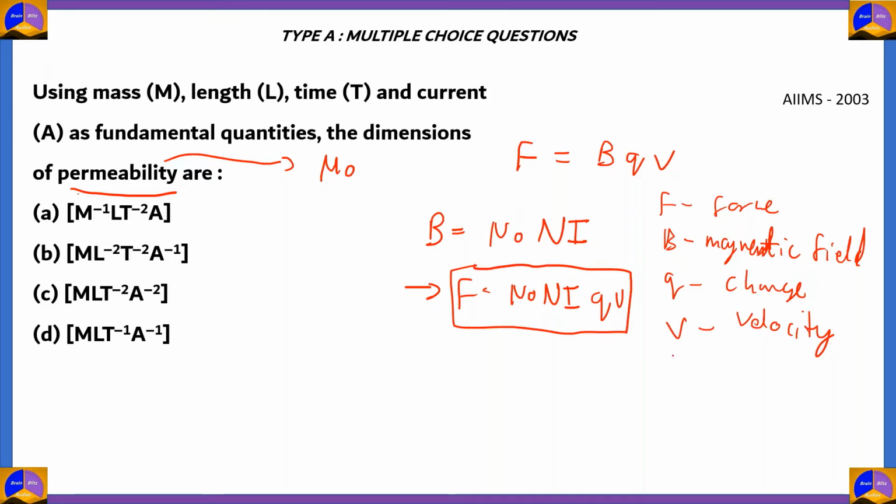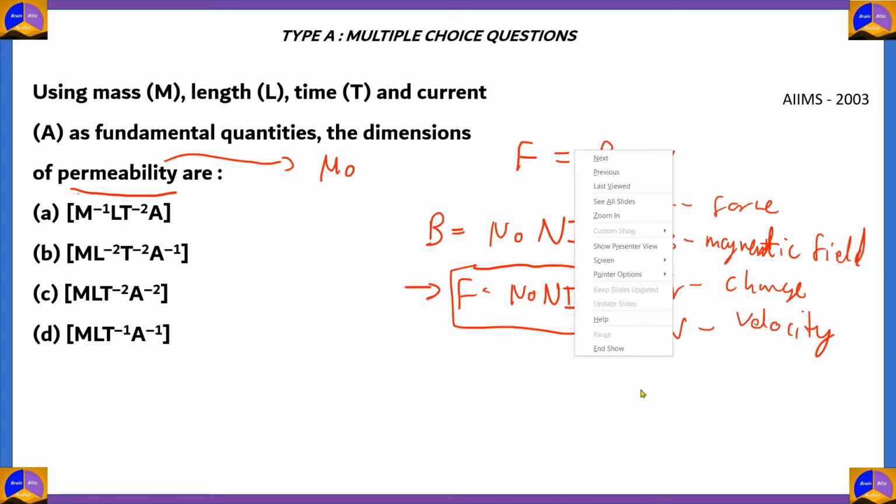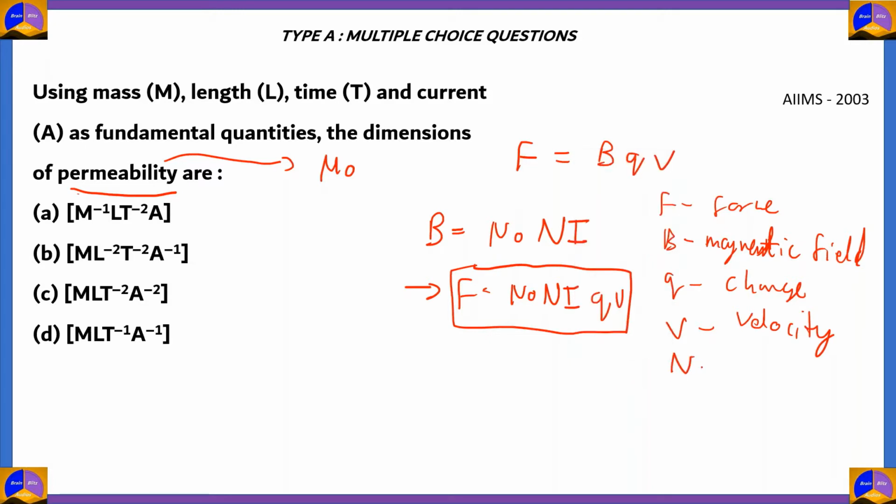So a couple of pointers. Mu naught is permeability. N is the number of turns of the wire per meter. So it's a sort of density. And I is the current. Okay, so the formula is in terms of force.